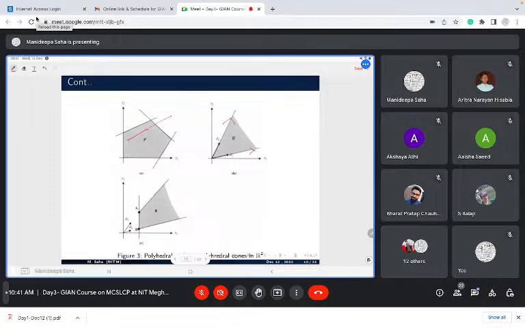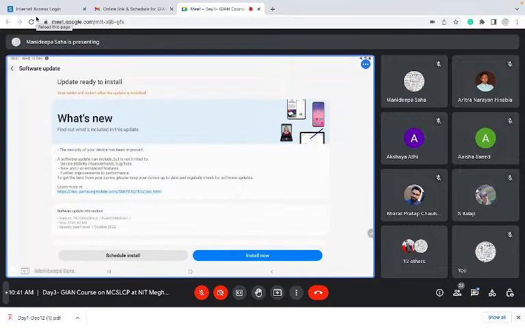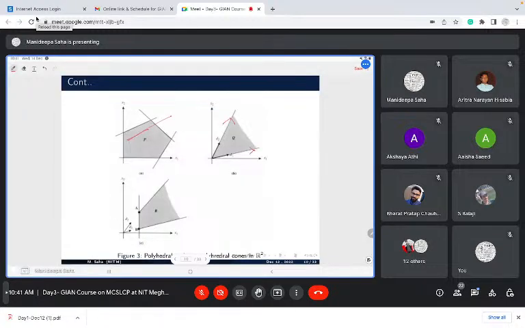And the third one is also a polyhedral cone because it is generated by this vector and this vector.